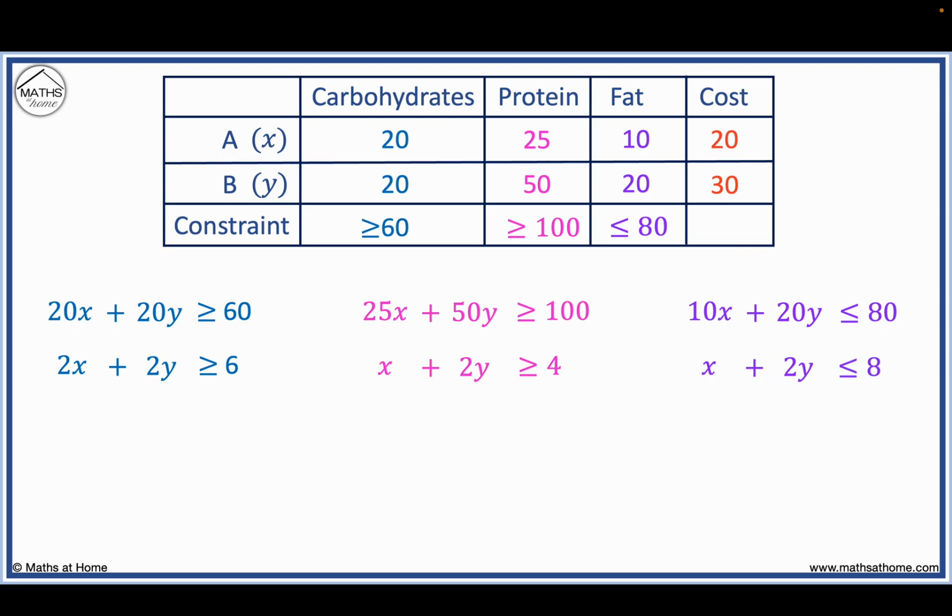Finally, we write the objective function, which is an equation for whatever we want to maximize or minimize. For us, that is the cost. We write C equals 20x plus 30y.